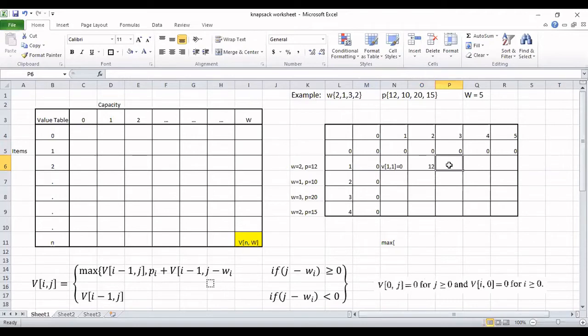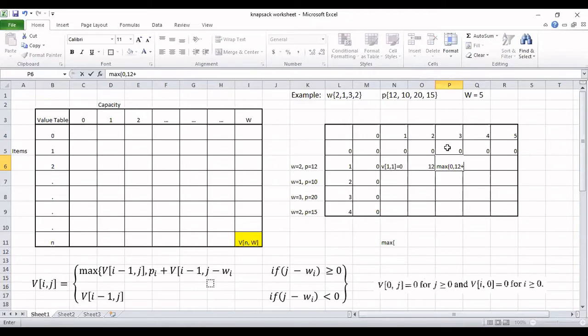So what we look for here is once again maximization. Maximum of the previous value, that is 0, comma, the price of the item, Pi, that is nothing but 12, plus V of I minus 1, that is the previous row, J minus Wi.